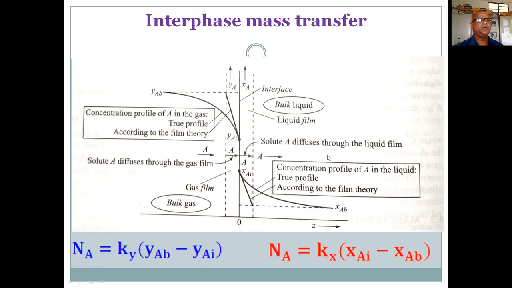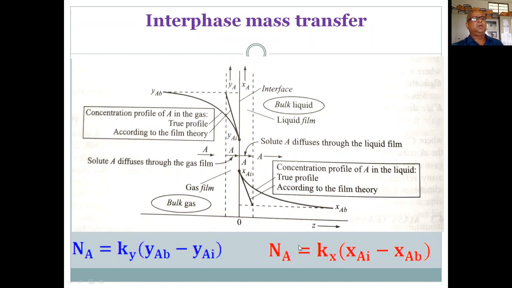Similarly, from the liquid side, XAB, the bulk concentration at the liquid side, will generally be known or we can measure it. Bulk phase concentration can be measured easily. So generally YAB and XAB will be known. Again here I can calculate KX, the mass transfer coefficient, from the chapter 3 knowledge. And here also XAI is unknown. Now if I can calculate XAI, then I can calculate the flux.